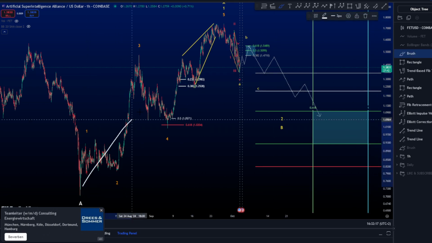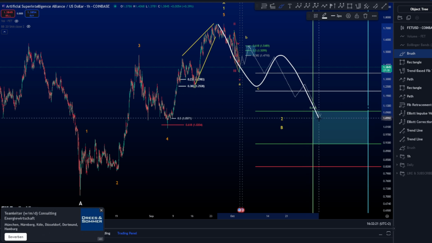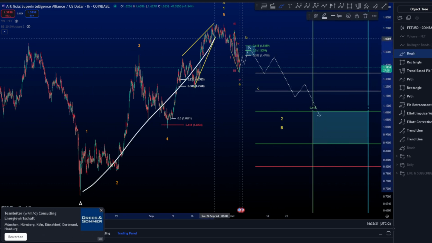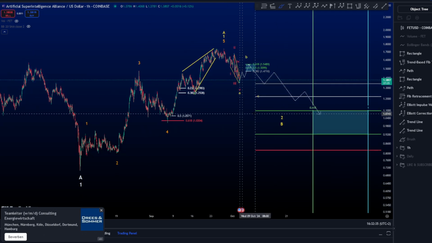Why? Because we already got an impulse. All right. So what we are seeking with much higher probability is corrective 3 waves towards the downside and not an impulse, right? Because we already got an impulse towards the upside, which is very, very good.